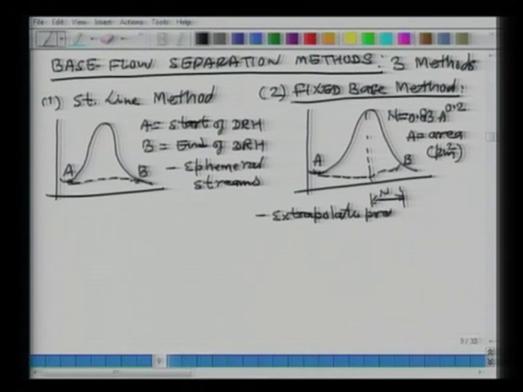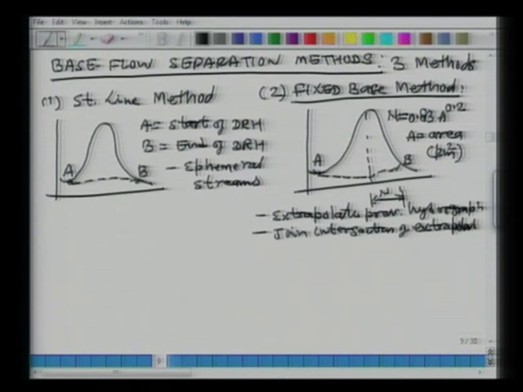Okay, so what we are doing is we extrapolate the previous hydrograph and join the intersection of the extrapolated line and the vertical from peak discharge with point B or the end of the hydrograph.